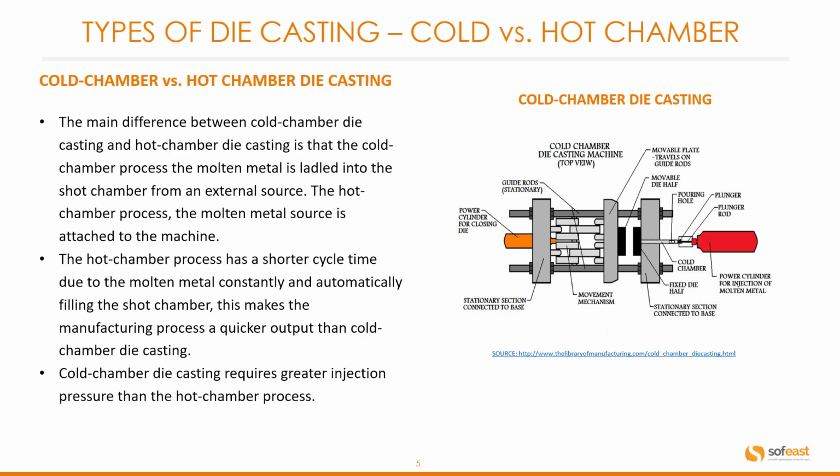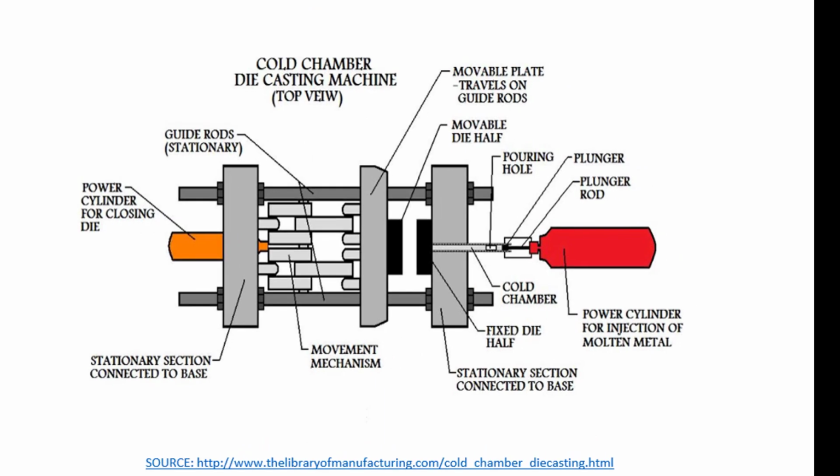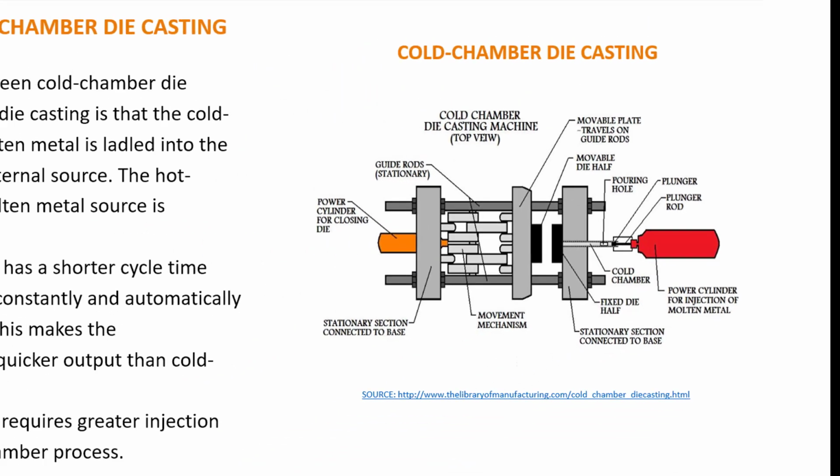The hot chamber process has a shorter cycle time due to the molten metal constantly and automatically filling the shot chamber. This makes the manufacturing process a quicker output than the cold chamber die casting. Cold chamber die casting requires greater injection pressure than the hot chamber process. You can see here in this diagram a layout of a cold chamber die casting.